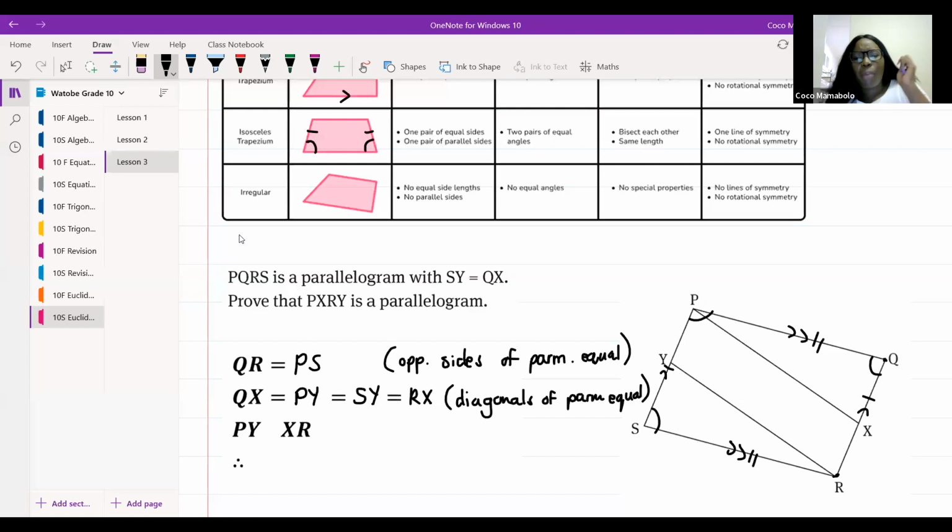But what do we know about PY and XR? That's it. Excellent. In order for it to be a parallelogram, the sides need to be parallel to each other. And that's also because opposite sides of a parallelogram are parallel.